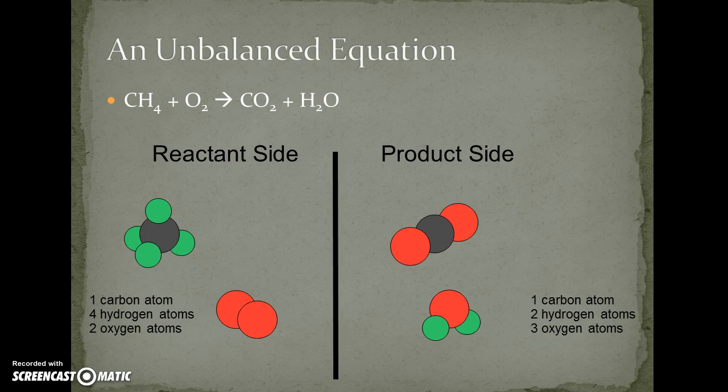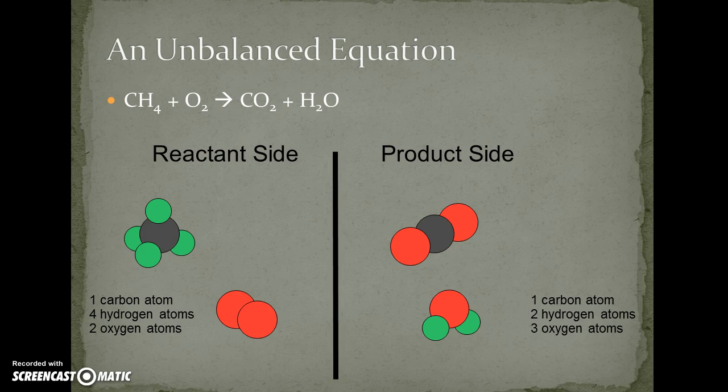And then the O2 is 2 oxygens put together. And those are the red one. On the product side, we have CO2. That's the red and gray. So this carbon is gray, just like it is on the other side. And there are 2 oxygens connected to it. And then H2O, there is a red oxygen with 2 hydrogens on it.